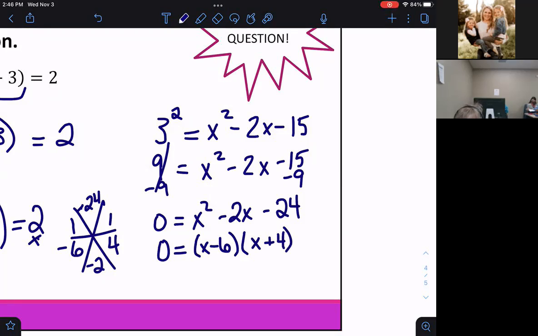That being said, we're now going to have 2 factors. They're going to be x minus 6 and x plus 4. To go ahead and solve, we're going to set both of those equal to 0 to get x equals 6 and x equals negative 4.